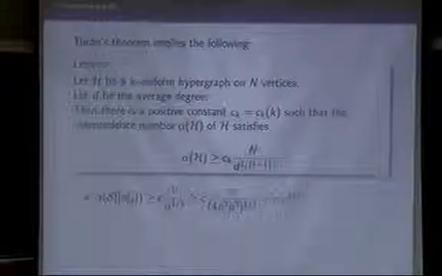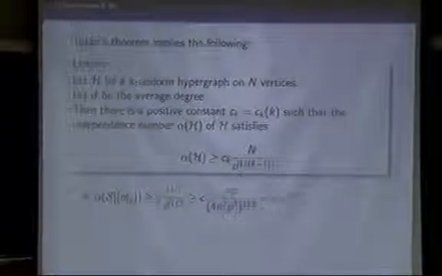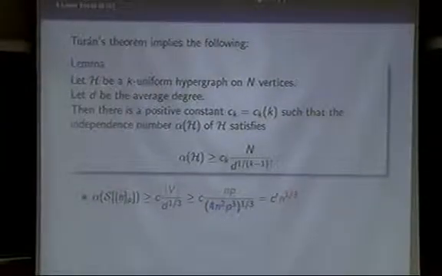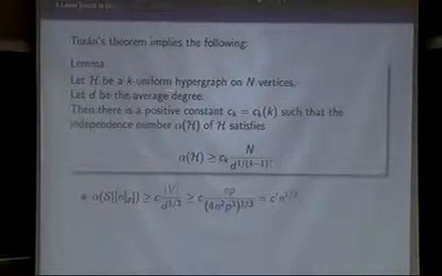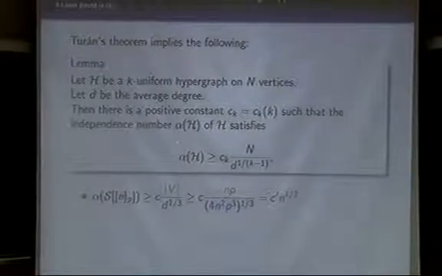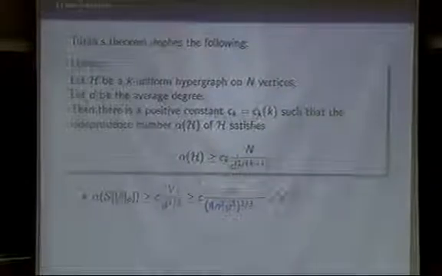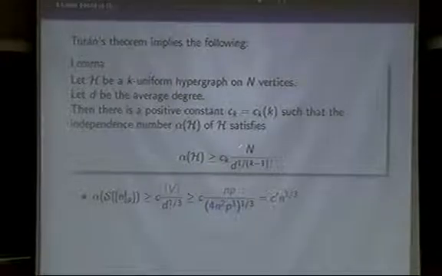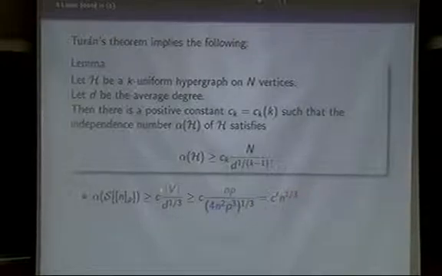And Turán's theorem for a k-uniform hypergraph implies the following. Let H be a k-uniform hypergraph on n vertices. Then the independence number of the hypergraph is greater than some constant times the number of vertices over the average degree to the 1 over k minus 1. And we can estimate the number of vertices and the average degree for this hypergraph S of n,p.